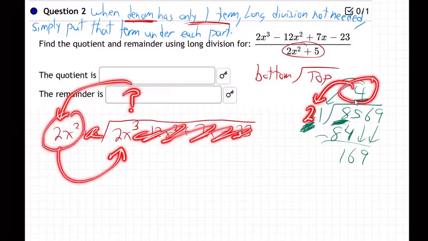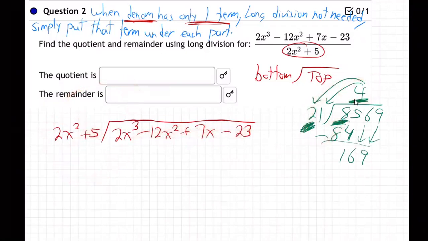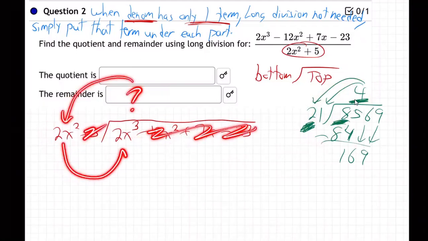4 times 2 is 8. So what am I going to put up here? What times 2x squared will exactly match 2x to the third power? Remember how multiplying with letters works? You multiply the numbers in the front, add the powers.